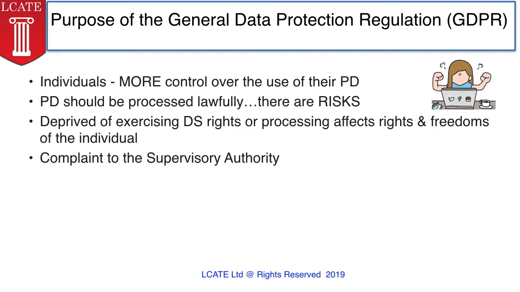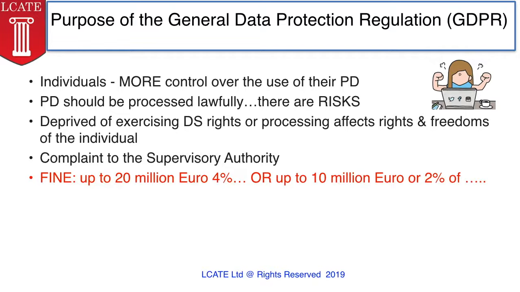And the supervisory authority has the power to fine, and the fines, as you're probably aware, are very high. Up to 20 million euros, or 4% of the annual gross turnover of the organisation, whichever greater, or up to 10 million euros, or 2% of the annual gross turnover of the organisation, whichever greater. So this depends upon the level of the breach.